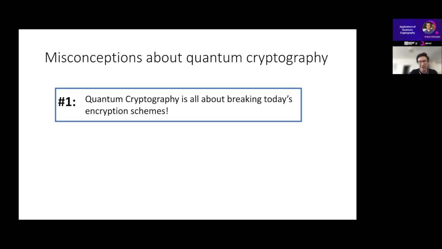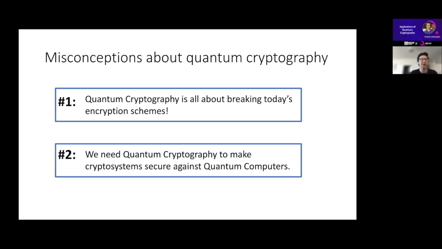So the second misconception is that in order to make our crypto systems secure against quantum computers, we actually need to actively use quantum information. And this is not true, or at least we don't believe that this is the case.